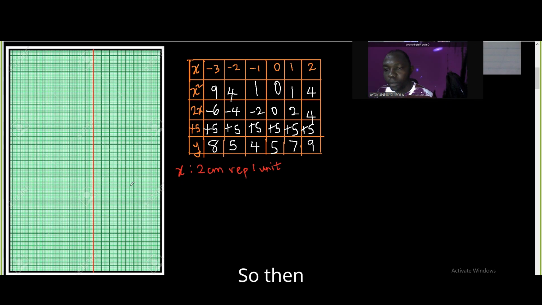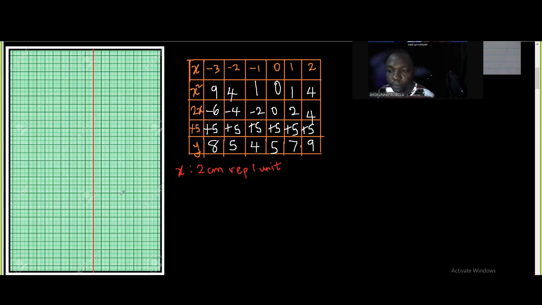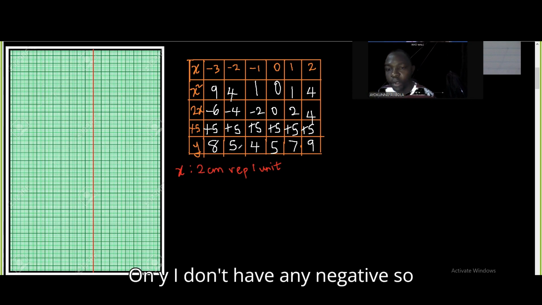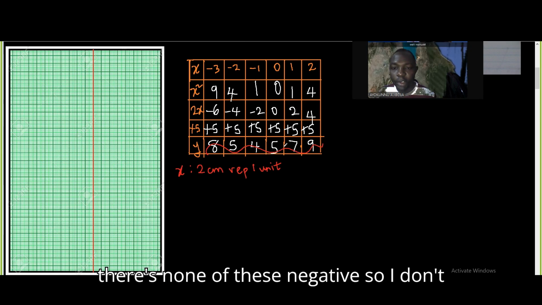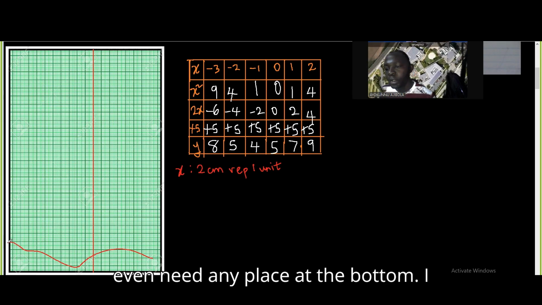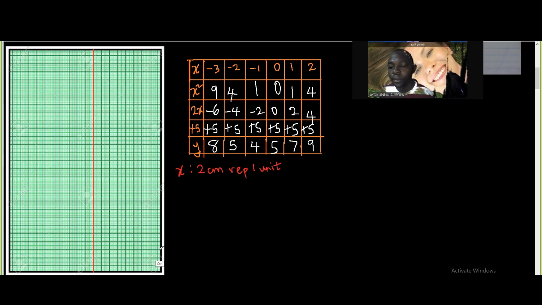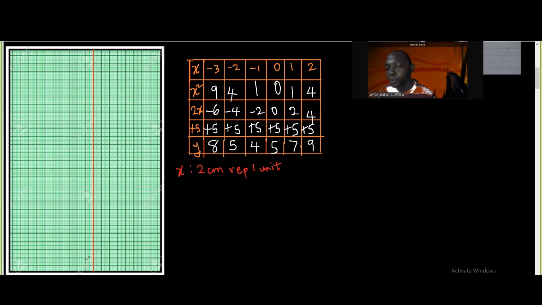So then to locate my x-axis, I need to consider the value of y. On y, I don't have any negative, so I don't even need any place at the bottom. I could even decide to come here to place my x-axis because only positive values are needed for y.